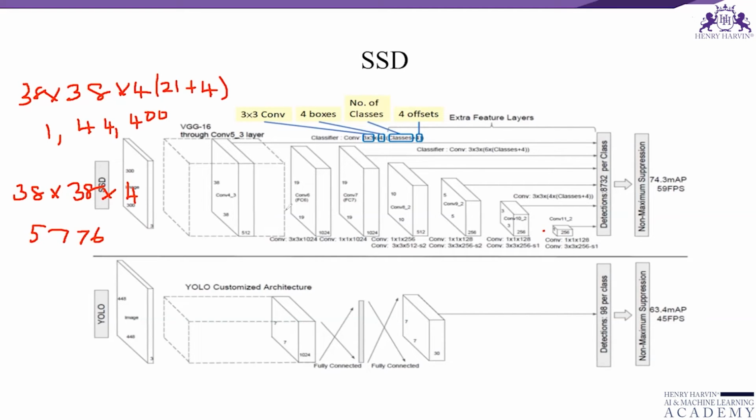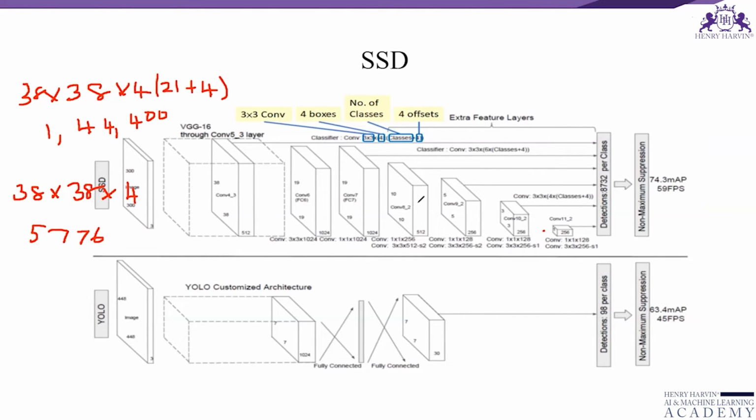Similarly, for the other convolution layers, there is 19 into 19 into 6, which is 2,166 boxes, and then 10 into 10 into 6, so we get 600 boxes, with 6 boxes for each location.